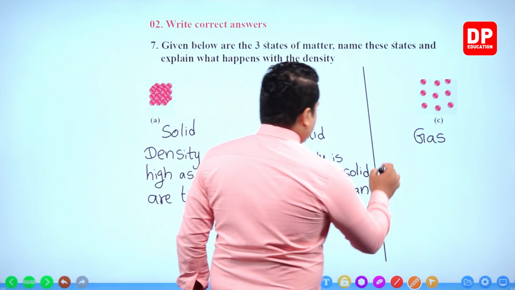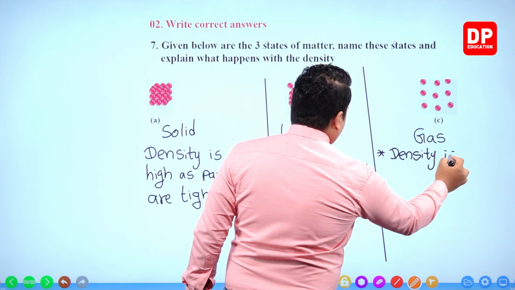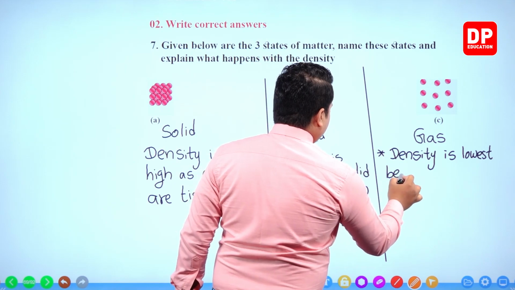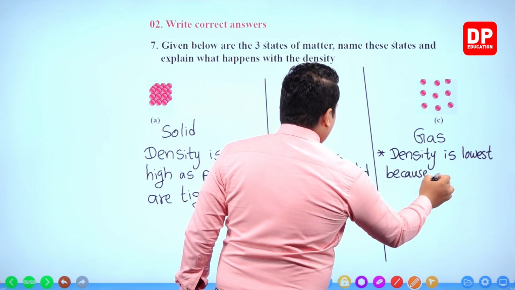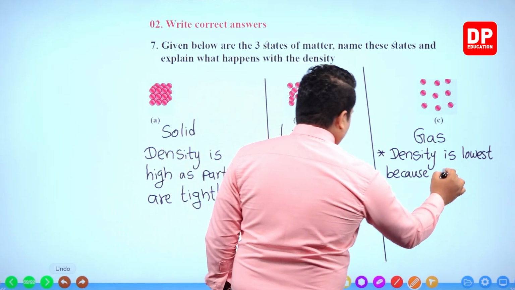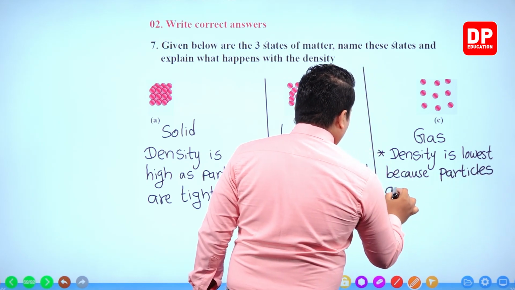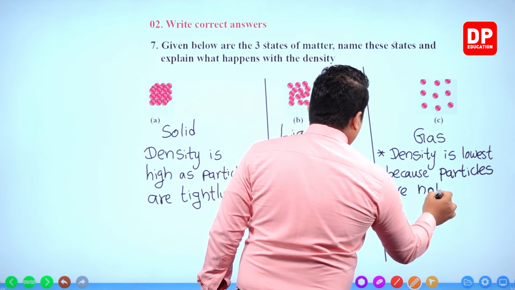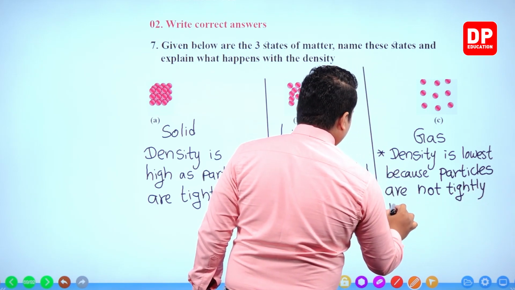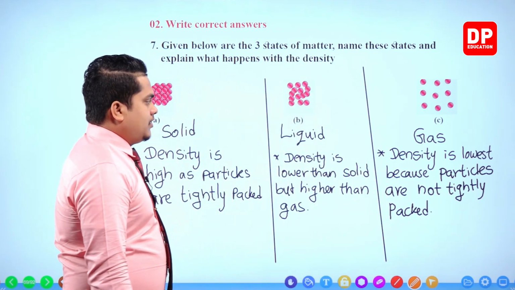Then the third one, gases, density is low because particles are not tightly packed. Right.